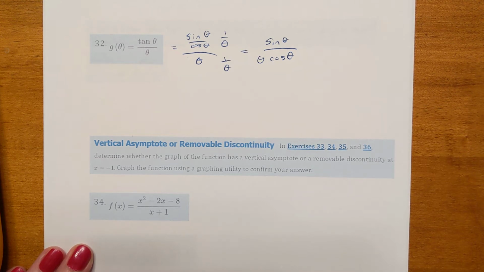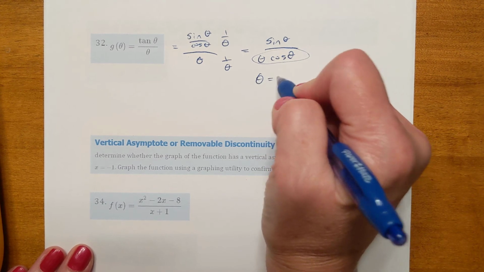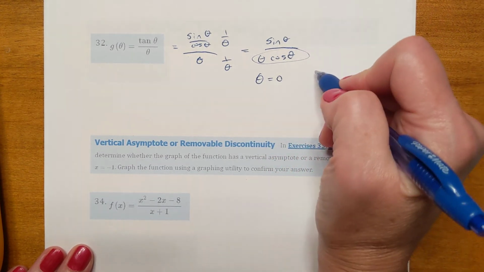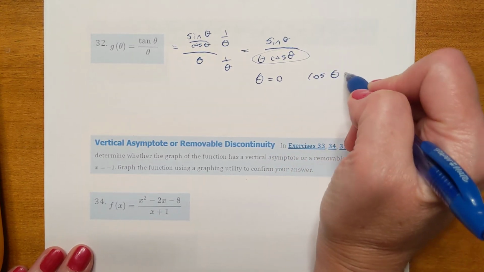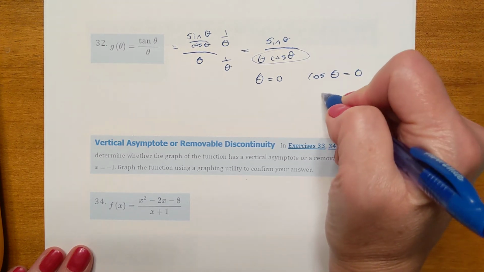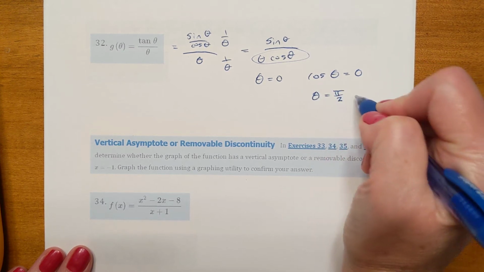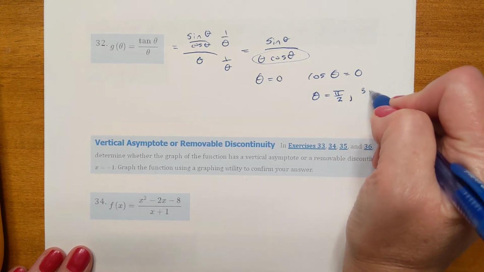All right, and so they wanted to know where the vertical asymptotes are. Again, that's where the denominator is equal to 0, so that's when theta is equal to 0, and where cosine theta is equal to 0, and cosine is equal to 0 at pi over 2, and then at 3 pi over 2.